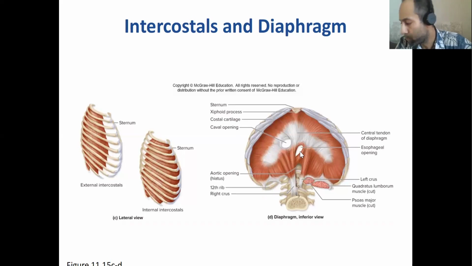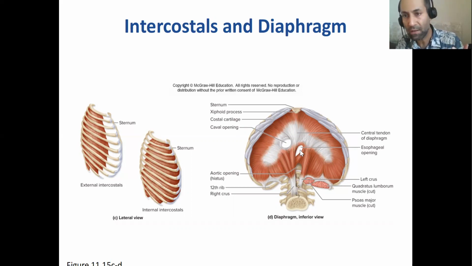So one thing that I would mention here with the esophageal opening is some people have a congenital, which means by birth, condition called esophageal hernia or hiatal hernia, right? You might have heard of that, hiatal hernia. So what causes it and what is it? Well, in some people, the esophageal opening that you see here in the picture is wider than normal. It's more common in preemies, in premature children, right?